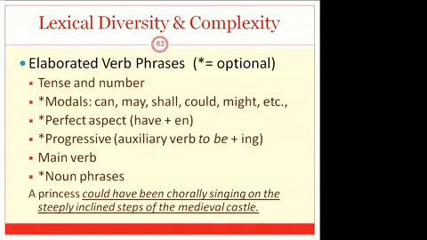So it's really important to look for the presence, absence, correct and incorrect use of these components of elaborative verb phrases. Note too that elaborative verb phrases could also include various noun phrases or prepositional phrases as part of that verb phrase.